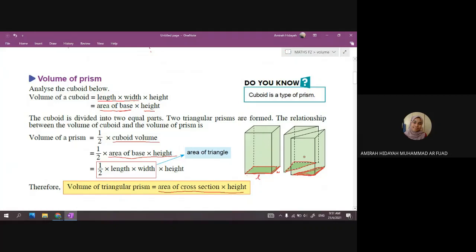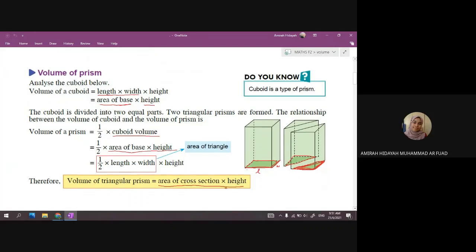Remember, cross section untuk prism adalah triangle. Okay, right. Okay, so remember this is the formula you will use for triangular prism untuk cari volume dia.